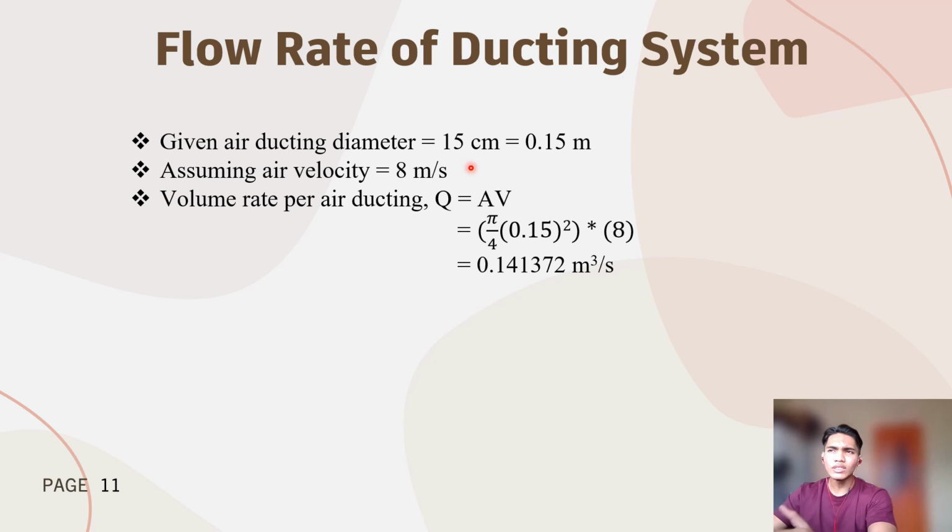So using the formula of volume rate, we can determine the volume rate per air ducting unit using the equation of flow rate is equal to area of the flow times with the air velocity. We then, using the information that we have, determine the volume rate for one air ducting unit is 0.141372 meter cube per second.